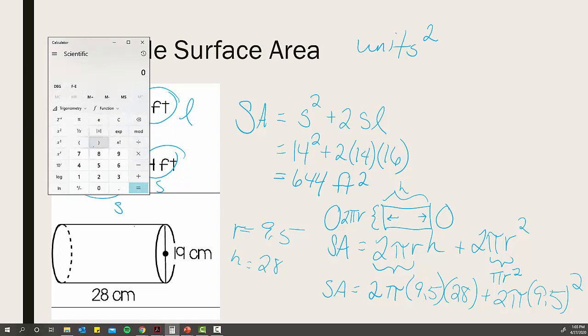All right, we're going to clear that up. We're going to go 2 times pi times 9.5 times 28 plus 2 times pi times 9.5 squared equals 2,238.38.